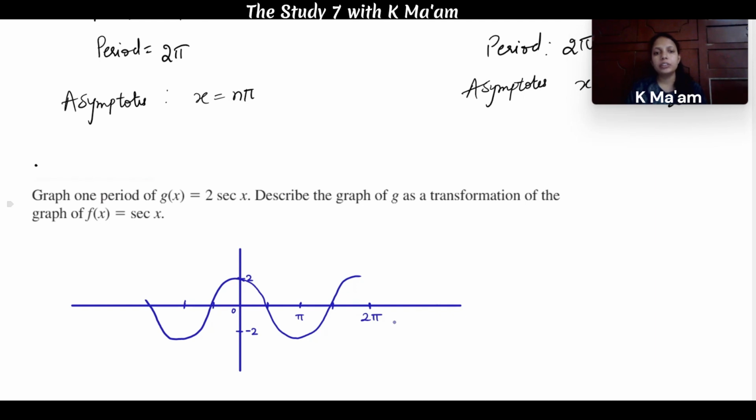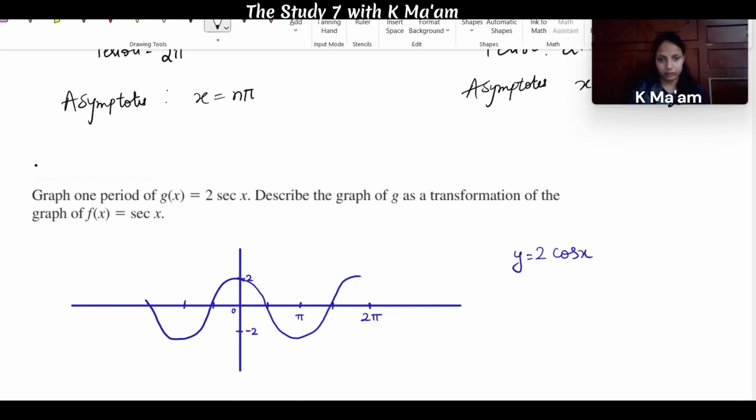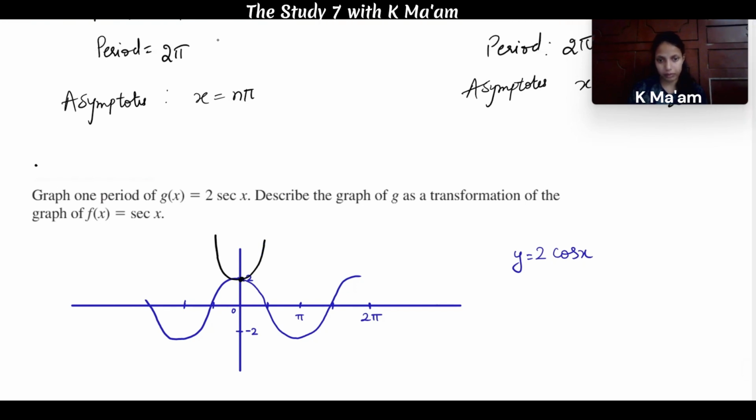In this function, g(x) is 2 secant x, we have to graph it. I draw the graph of cos x. I draw the graph of 2 cos x here. This is the graph. So using this as reference, I will draw the secant x. It will be up. Here it will go down. It says up to 1 period. So yeah, it's done. It's minus pi by 2 here, and this is 3 pi by 2.